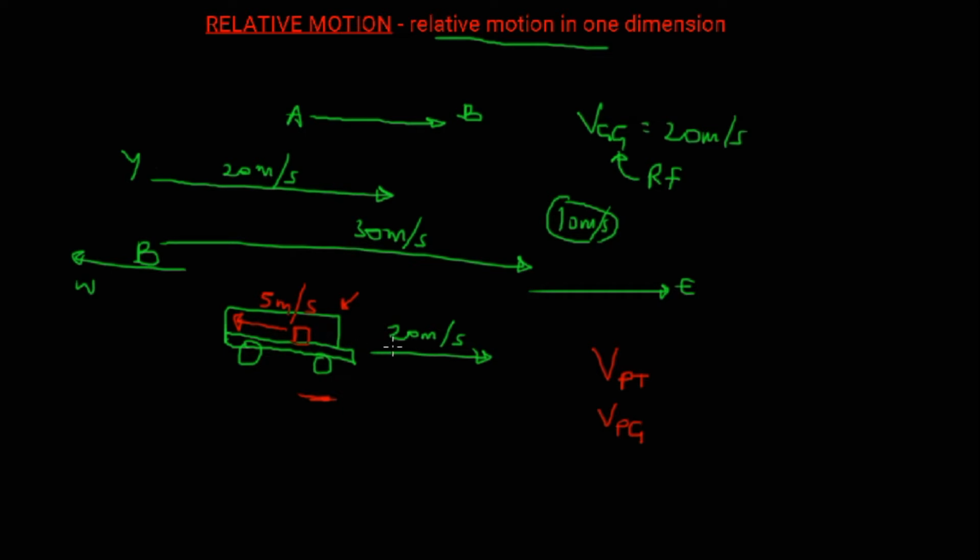The train, which is moving at 20 meters per second, I already explained in the case of you and your brother that the 20 meters per second is the relative velocity of the train with respect to the ground. So in this case, the train and the ground are the frames of reference. But notice that the train and the passenger have a common frame of reference in this case. So we can find the relative velocity of the passenger with respect to the ground.